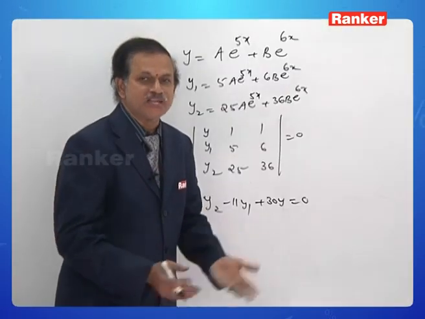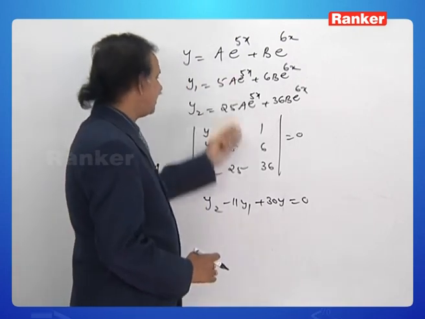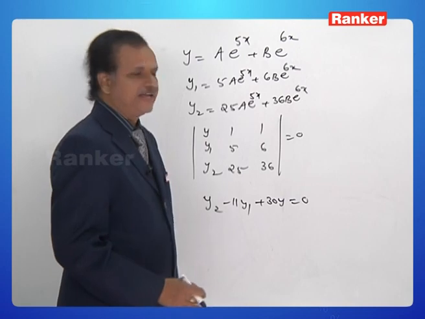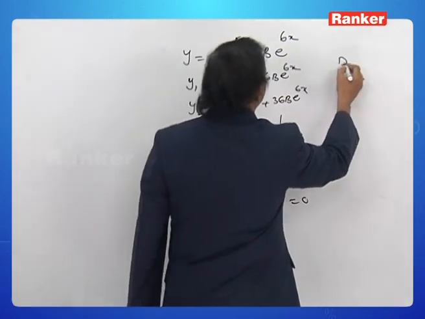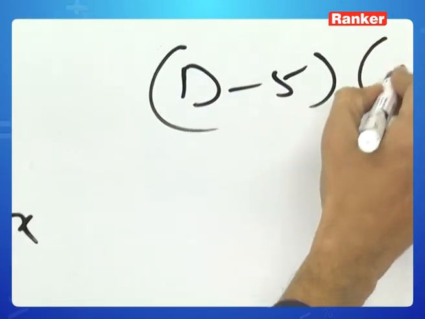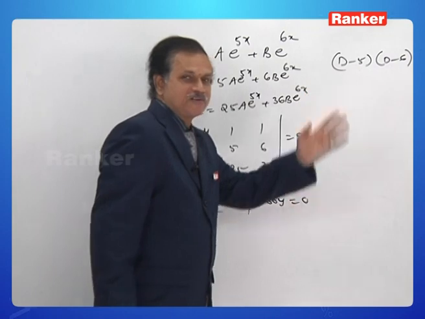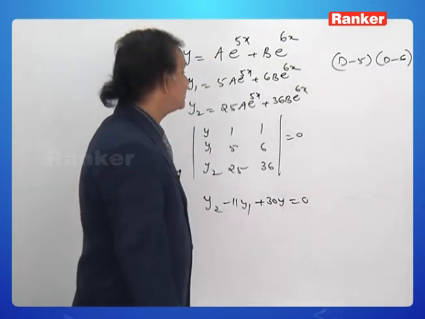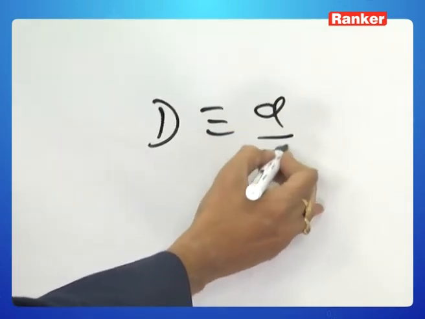What I mean to say is, well, my dear, you need not have all these steps. There has been a beautiful hint here. D minus 5 into D minus 6 of y is equal to 0 is the differential equation. What does the D stand for? Where D is the differential operator. It is an operator.